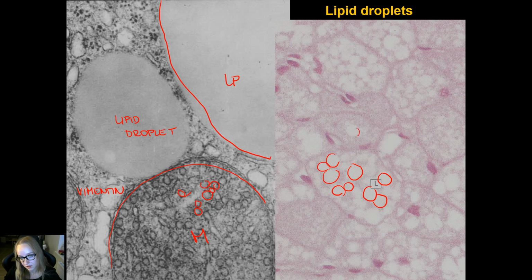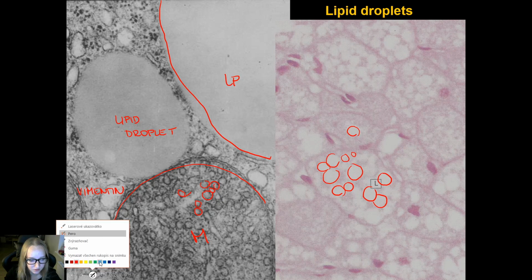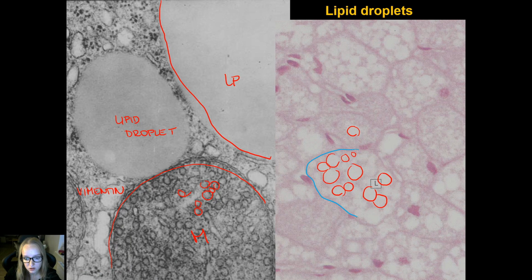But there were lipid droplets right here in these cells, and this whole cell right here is called an adipocyte. Adipocytes have a lot of lipid droplets on the inside. So in light microscopy, the contents have dissolved, so we can see only empty lipid droplets.